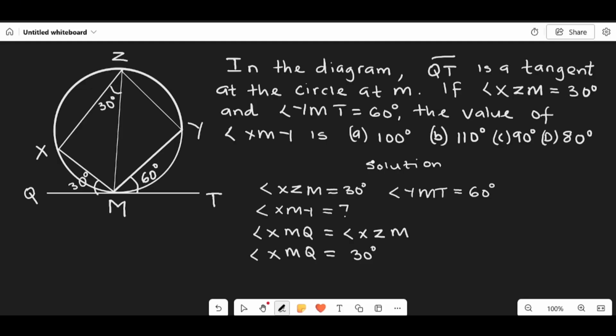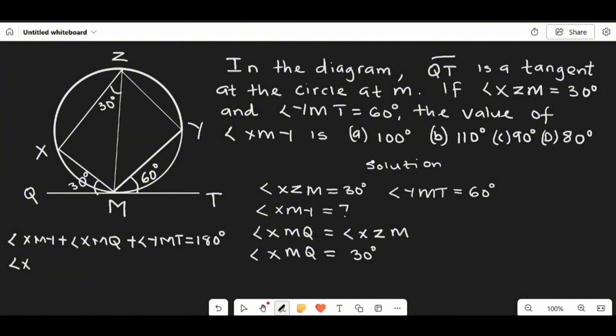So we can say angle XMY plus angle XMQ plus angle YMT equal to 180 degrees.